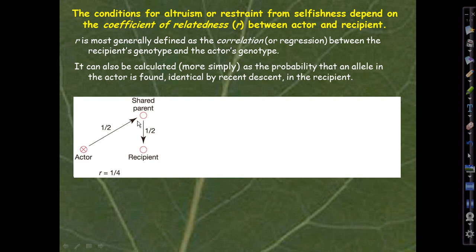If we take these probabilities, which you've met before, perhaps in the context of inbreeding arguments, there's a half chance I got any given allele from our shared parent, in which case, if I did, there's a half chance that parent passed it on to this recipient, my half sib, and so that argument gets us a relatedness of a quarter, which is the standard relatedness coefficient to a half sib.